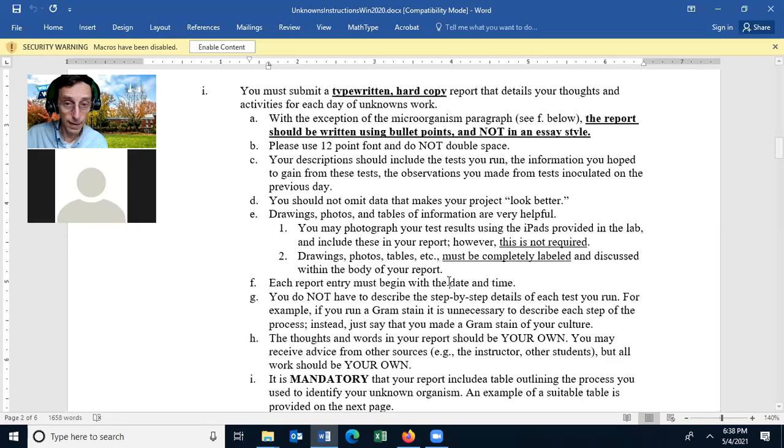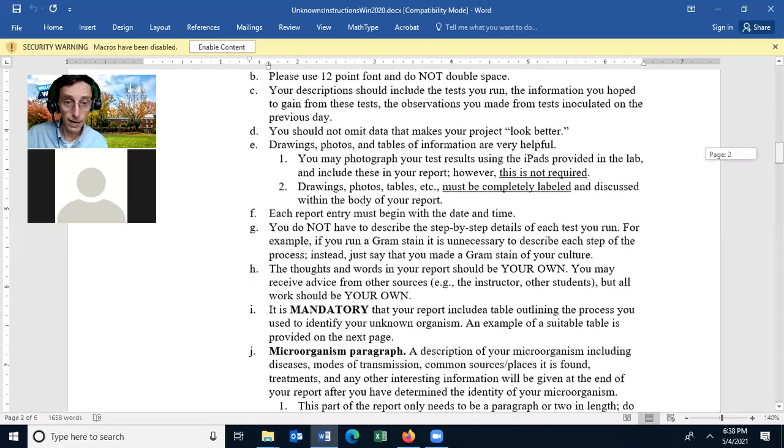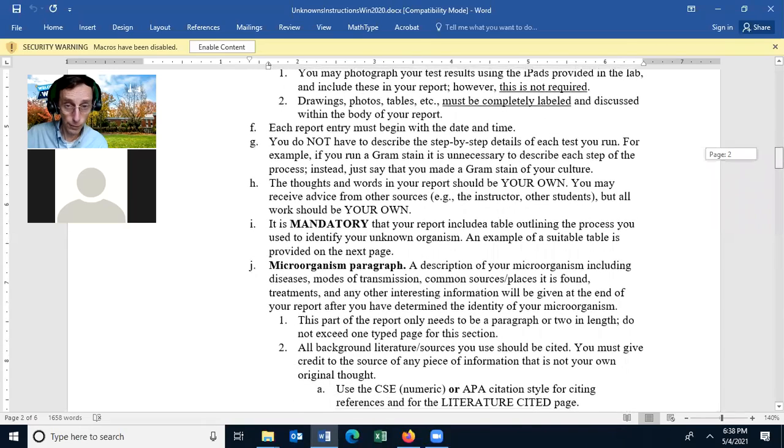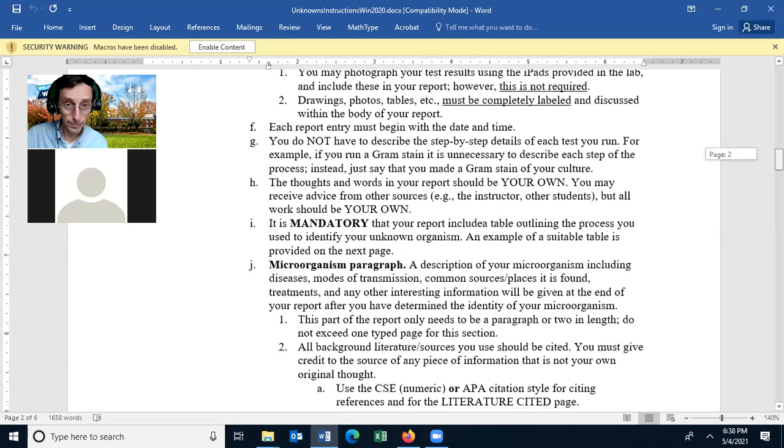Occasionally, students would have more than one report in a day, in which case they should date and time each experiment. The thoughts and words should be your own report. You may get advice from other people, but write it in your own words.